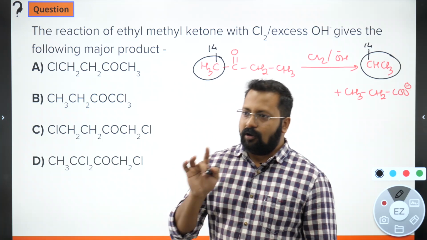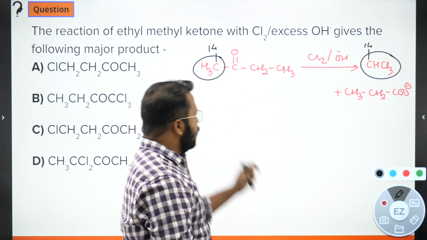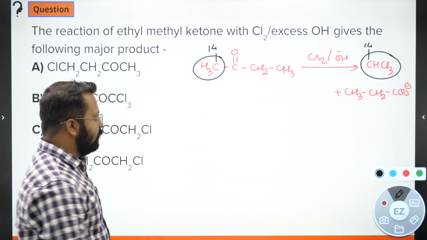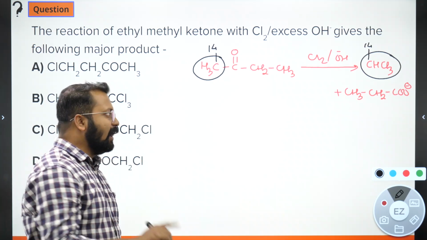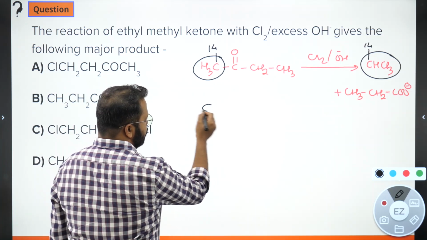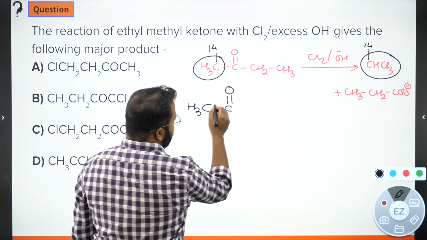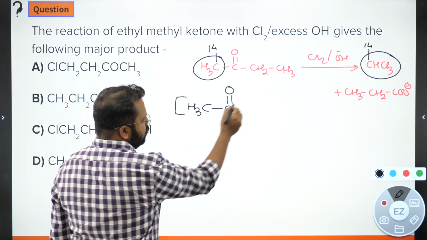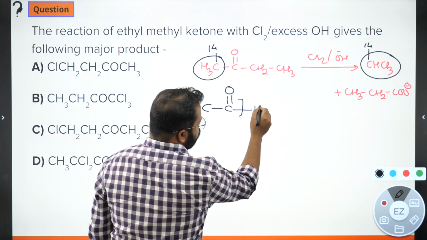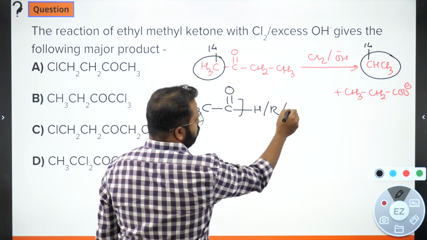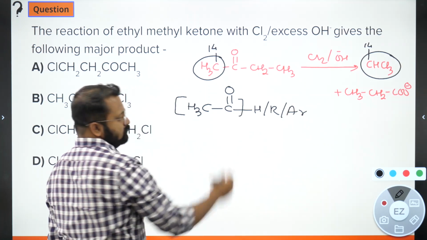Okay, please always remember that the haloform reaction will be given by any aldehyde or ketone which contains this structural unit. This could be connected to anything else.